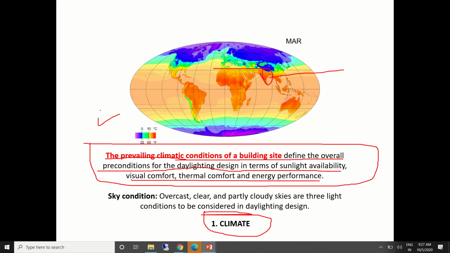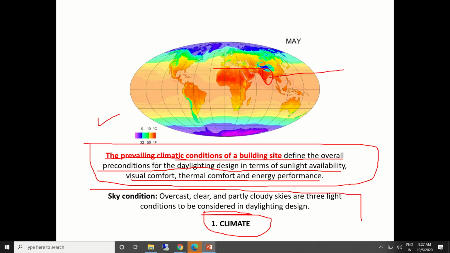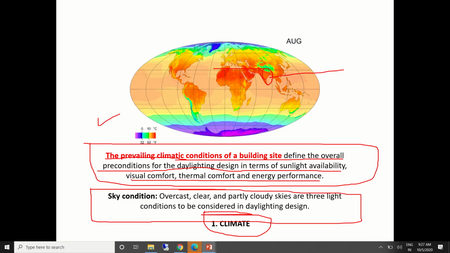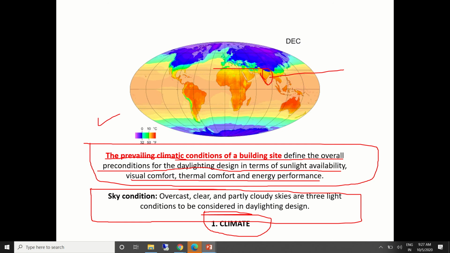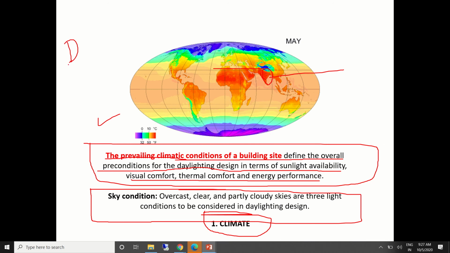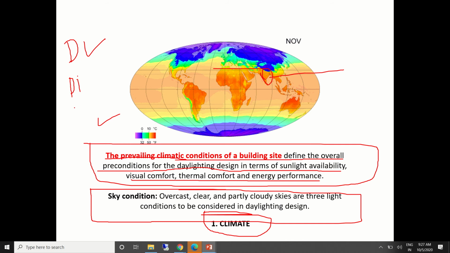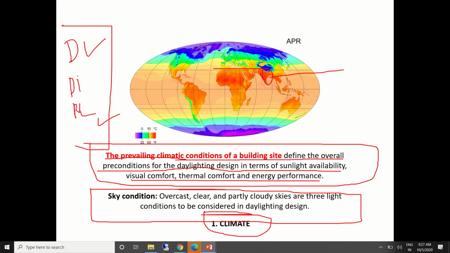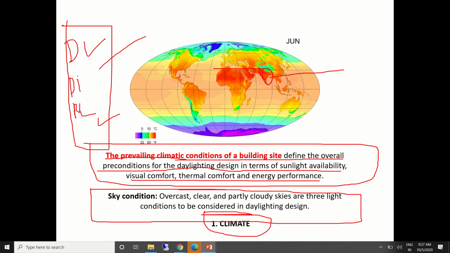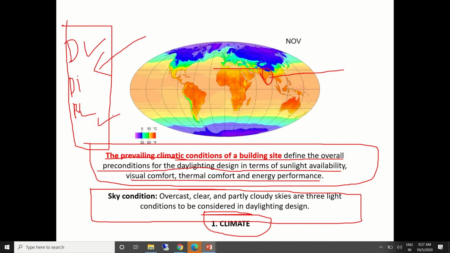Okay, one thing. And also there is a change in sky conditions. This also I told you briefly. We discussed 3 components of daylight: one is direct, one is diffused light, and one is reflected light. I told you this is how total daylight is defined.